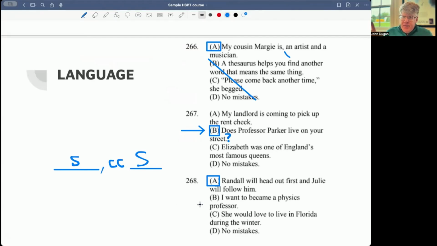Randall will head out first. That's a complete thought. Comma, and Julie will follow him. As long as Julie will follow him is a complete thought, then that's that classic compound sentence, and it needs a comma. All right, so the answer is A, and there's nothing really wrong with B and C. So that's a little preview of some of the material on the HSPT.